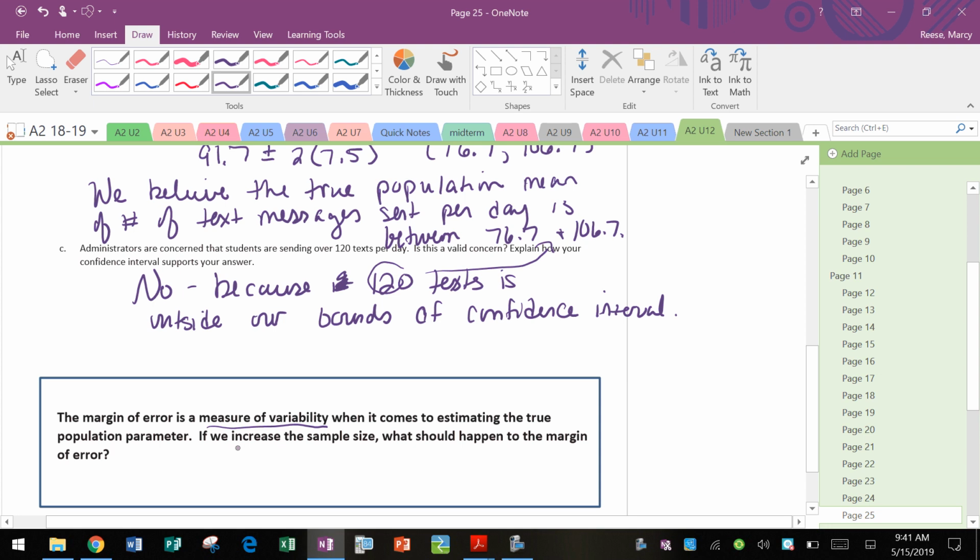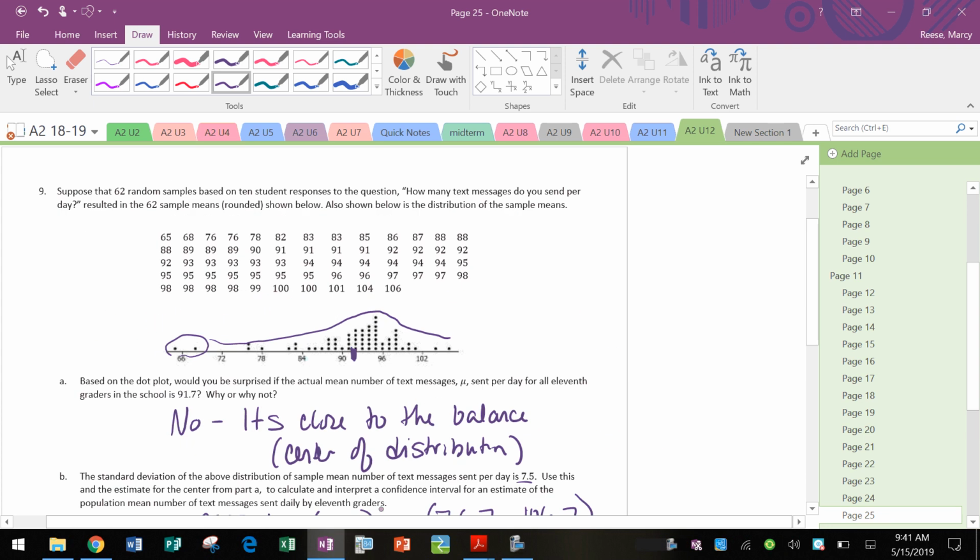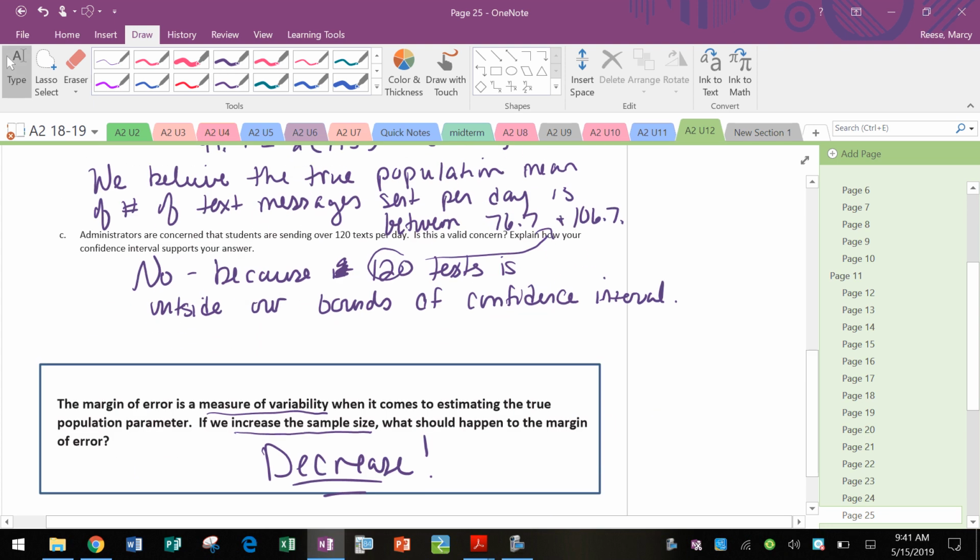Well, if you increase the sample size, you get closer to the population. So the margin of error will decrease because you will be more accurate. The larger your sample size, the closer to the population, the more your margin of error will decrease. Okay? See you all tomorrow.